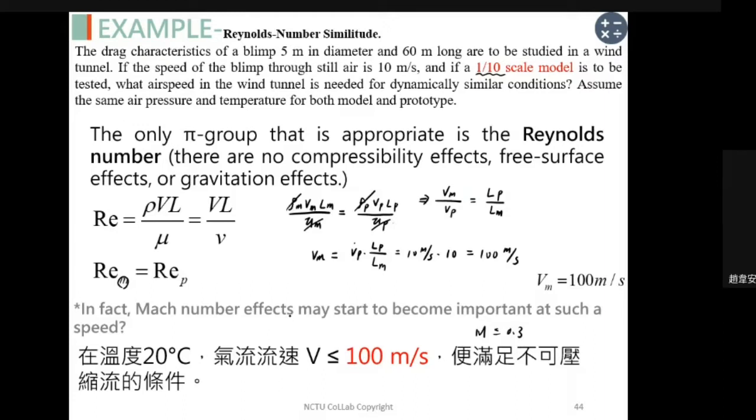So usually we will have some trade-off. If we need to satisfy equal Reynolds numbers, then we will meet a problem: the model velocity is too high, and then we need to further consider the dynamic similitude for the Mach number.